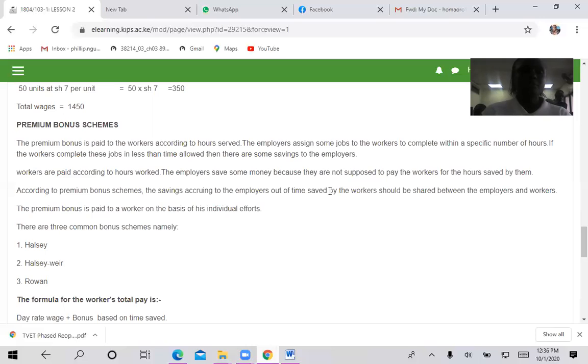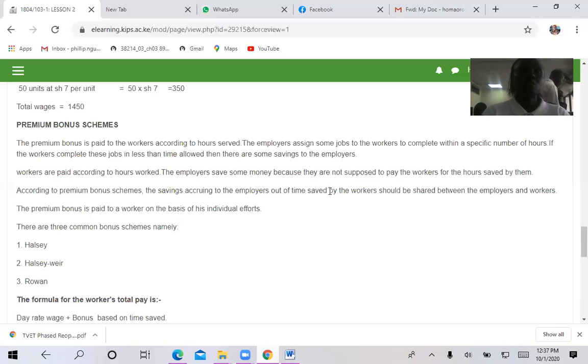The premium bonus is paid to the workers according to hours saved. So the employers assign some jobs to the workers to complete within a specific number of hours. If the worker completes these jobs in less than the time allowed, then there are some savings to the employers.